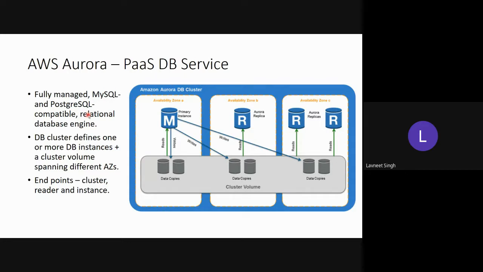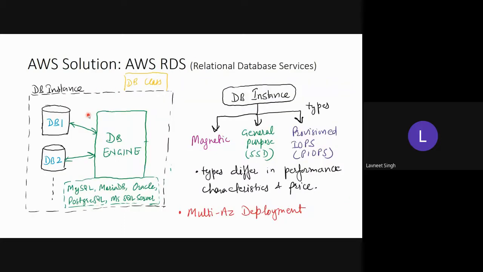So there are two kinds of PaaS based database services, which are RDBMS services in AWS. If you want to use Oracle or MS SQL Server, then you switch to AWS RDS instance.